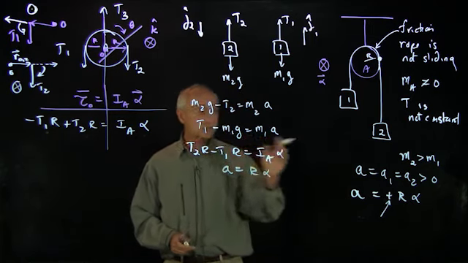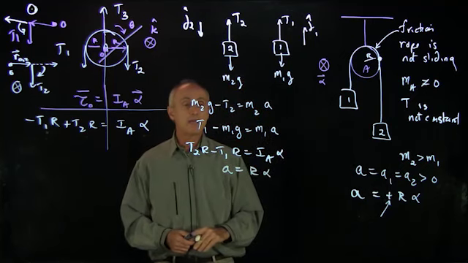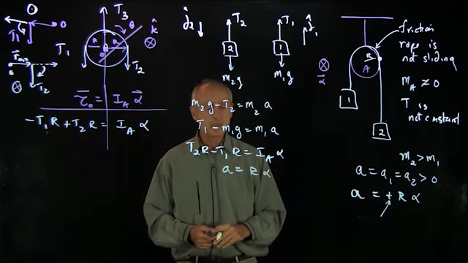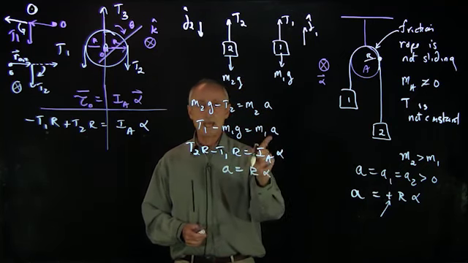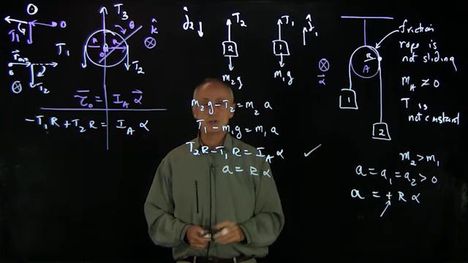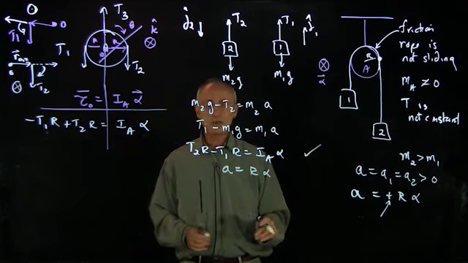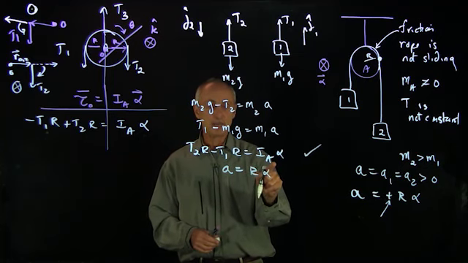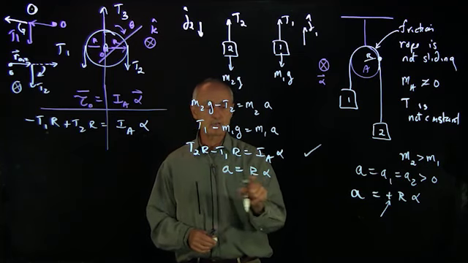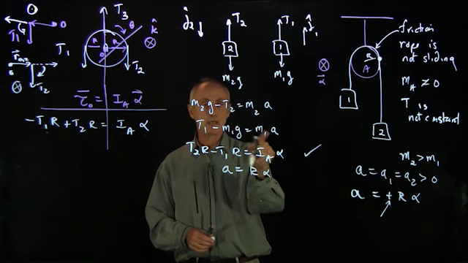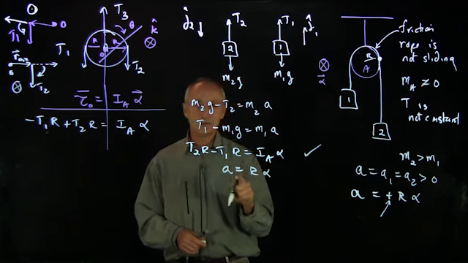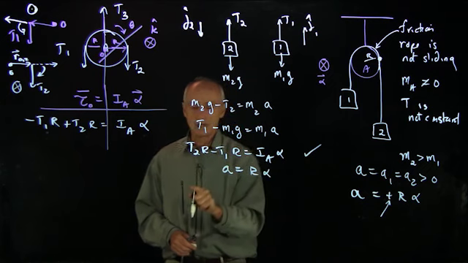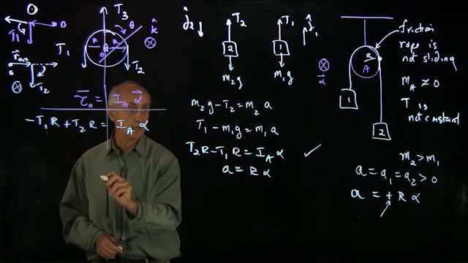And if I want to solve for the acceleration A, then I need a strategy here. What I'll do to find A is I'll use this equation as my backbone. Why did I do that? Because I have the unknowns T2, T1, and alpha, and I have separate equations that relate alpha to A, and T1 to A, and T2 to A. And so I can solve for T2 and substitute it in here. I'll need a little room.